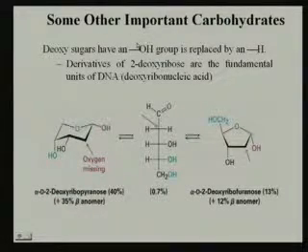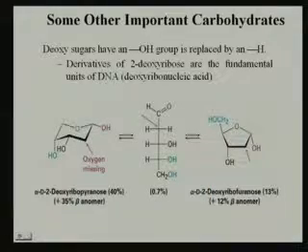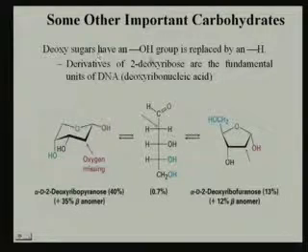Now, when we talk about the other carbohydrate molecules present along with other biomolecules, while talking about the nucleus, I told you about DNA and RNA. In deoxy sugar, an OH group is replaced by a hydrogen, that means one oxygen is missing.